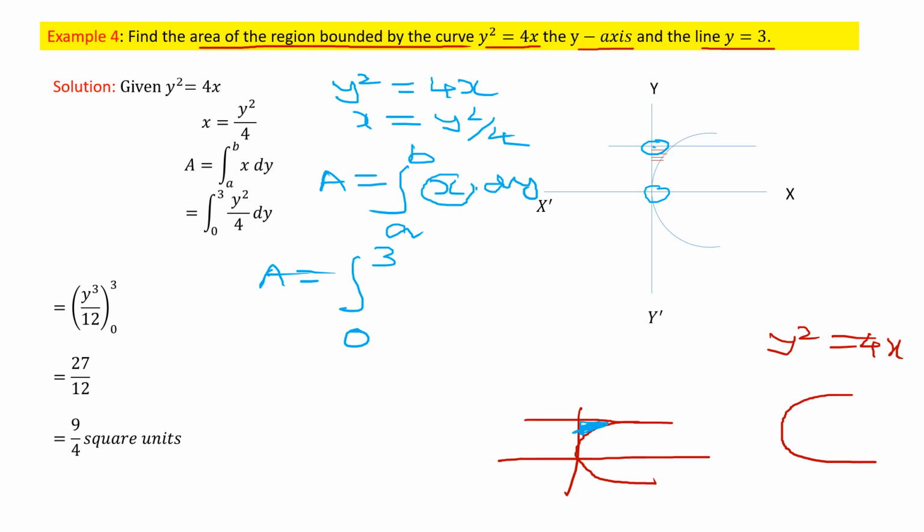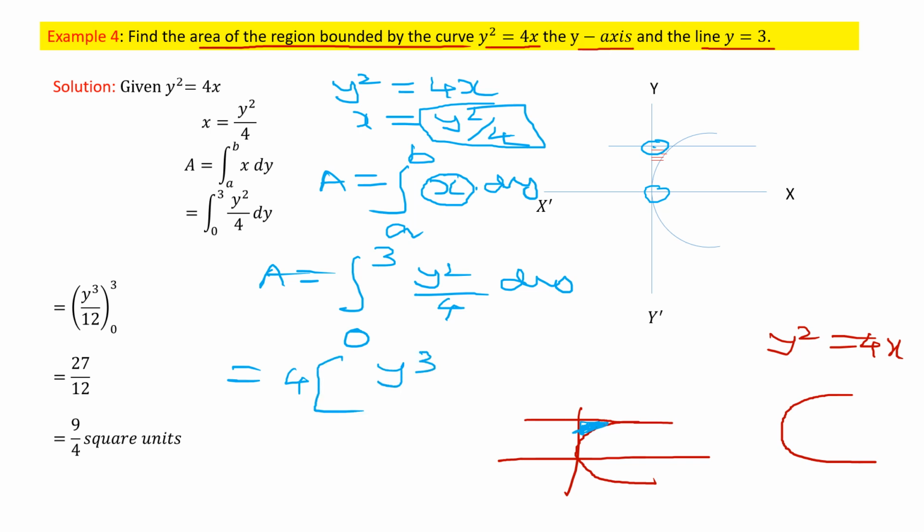In place of x I will substitute this value, y squared by 4, times dy. So let me take 4 outside. We have remaining y power 2. Integration of y power 2 will be y power 3 over 3 between the limits 0 to 3. This is 1 by 4.